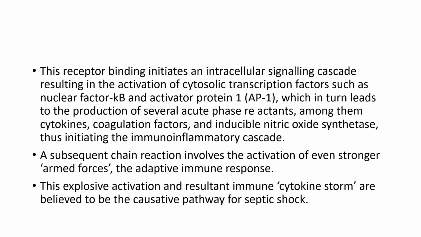This receptor binding initiates an intracellular signaling cascade, resulting in activation of cytosolic transcription factors such as nuclear factor kappa B and activator protein 1, which in turn lead to the production of several acute phase reactants involving cytokines, coagulation factors, and inducible nitric oxide synthase, thus initiating the immunoinflammatory cascade. The subsequent chain reaction involves activation of even stronger armed forces, the adaptive immune response. This explosive activation and the resultant immune cytokine storm are believed to be the causative pathway for septic shock.